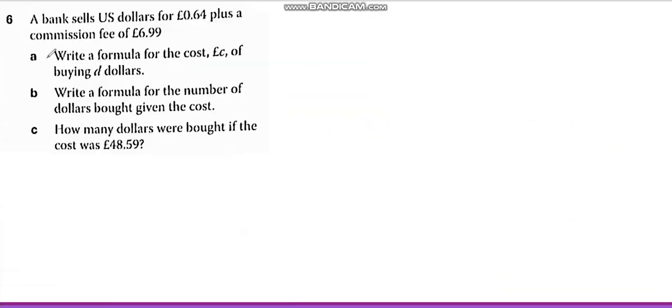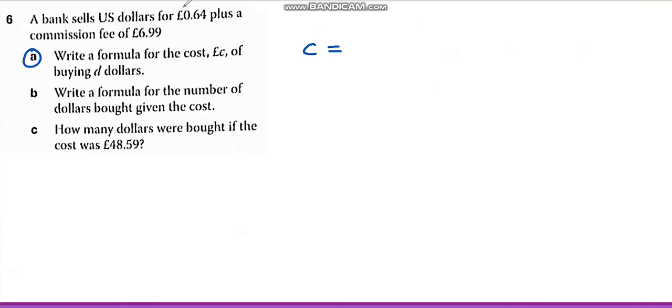In question number 6, it says a bank sells US dollars for 0.64 pounds plus a commission fee of 6.99 pounds. In A part, they want us to write down the formula for the cost of buying the dollars. Means we have to calculate the total cost of buying the dollars.